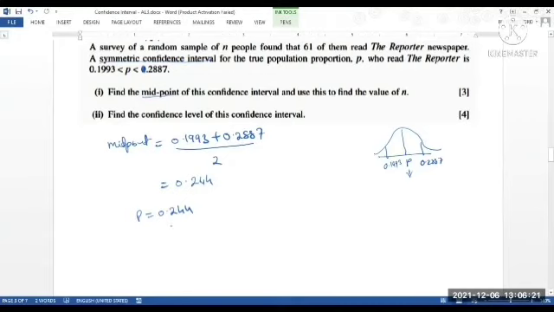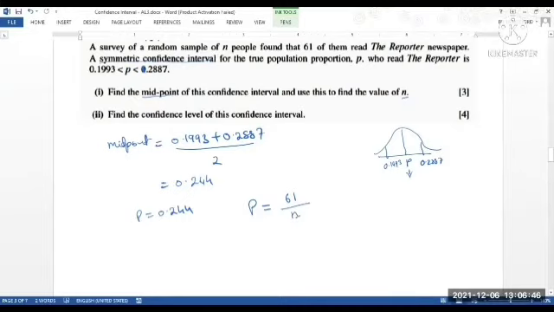Now using this P, how will you find the value of n? For that you need to know the definition of proportion. So proportion is the number of people who read the reporter newspaper out of the entire population. That's the meaning of proportion.